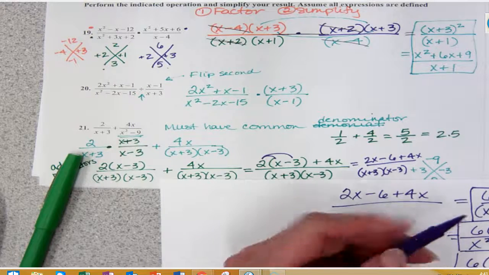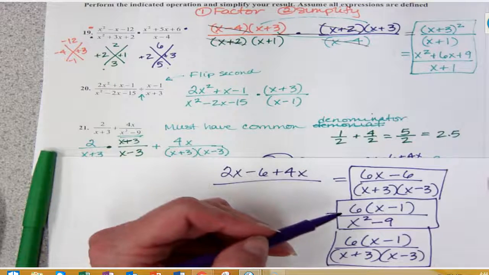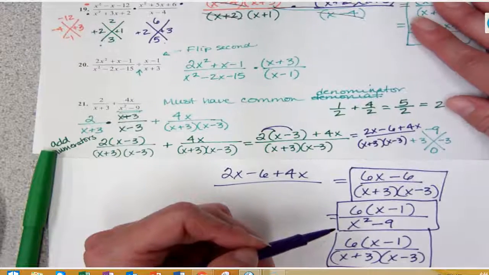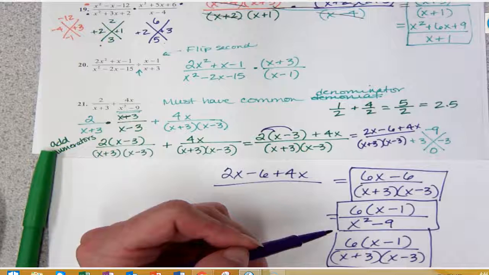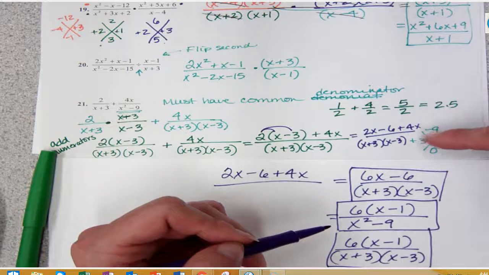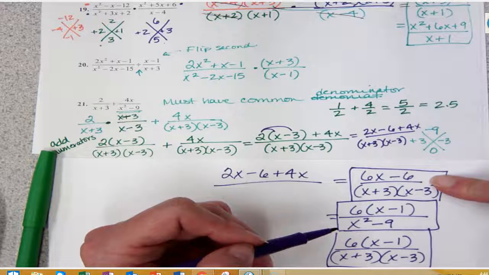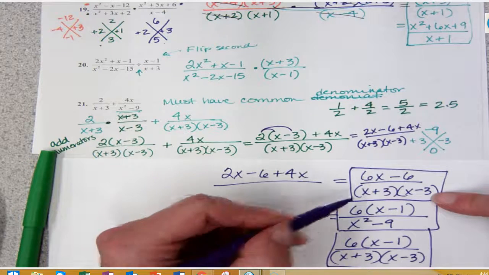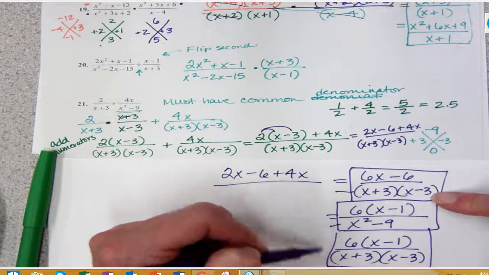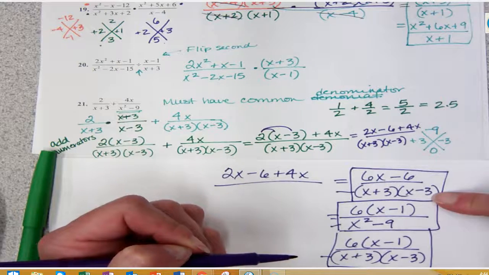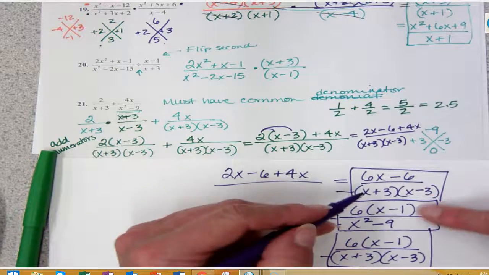These are all the same value. Does that make sense? I combined my like terms and kept my same denominator. The denominator is the same every single time.